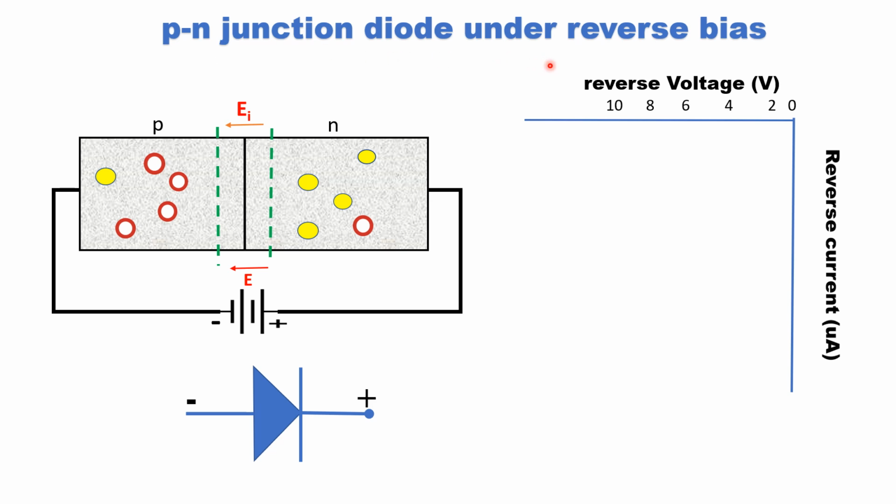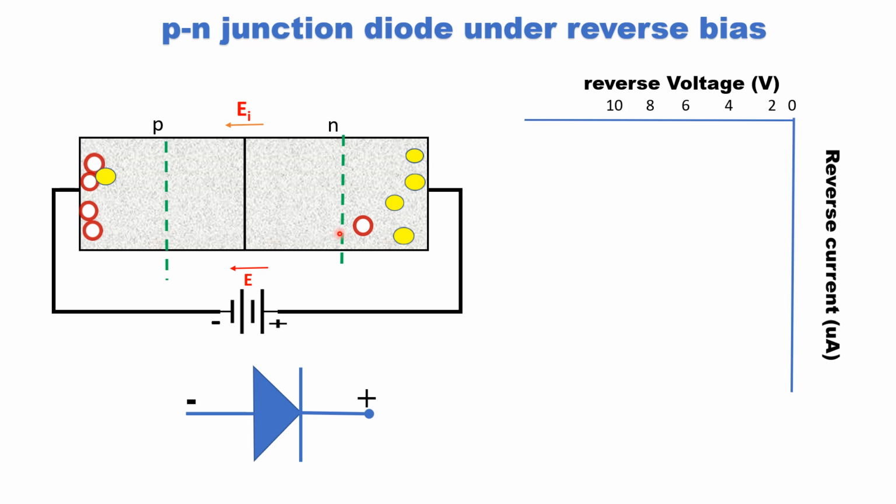Now, the PN junction diode under reverse bias condition. In reverse biasing, we connect the P region to the negative terminal and the N region to the positive terminal of the applied external electric field. The holes in the P region are attracted toward the negative terminal and electrons in the N region are attracted toward the positive terminal of the battery, due to which the width of the depletion layer is increased and the junction acts as an insulator.